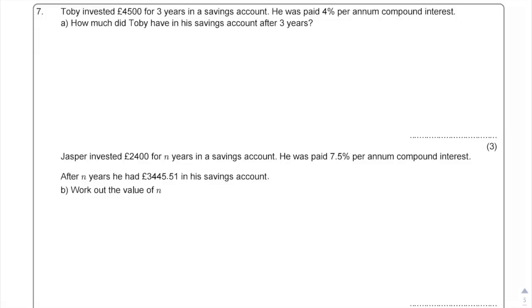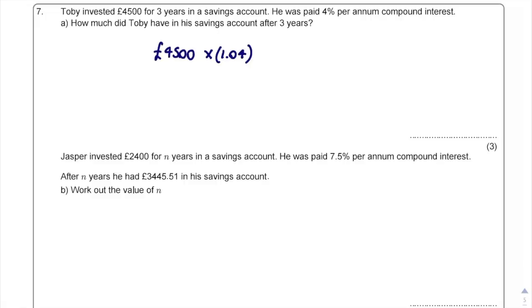Question 7 says Toby invested £4,500 for 3 years in a savings account. He was paid 4% per annum compound interest. How much did Toby have in his savings account after 3 years? So that means we need to do 4,500. Now we're going to increase that amount by 4%, so we're going to multiply it by 1.04.